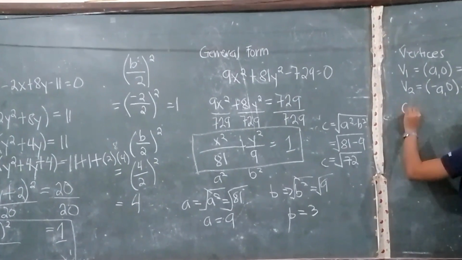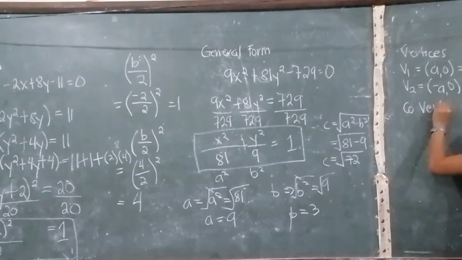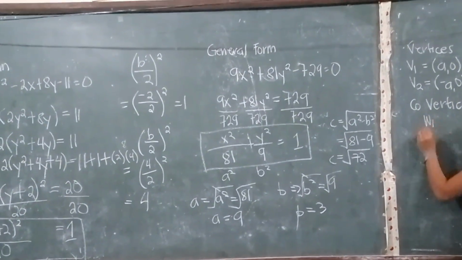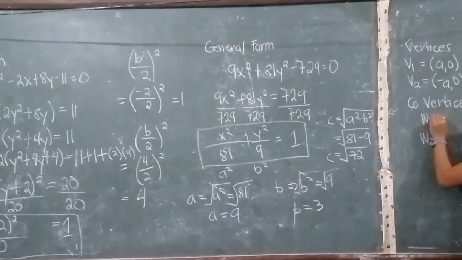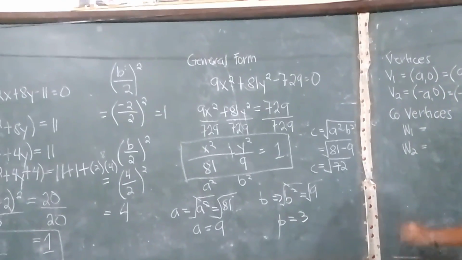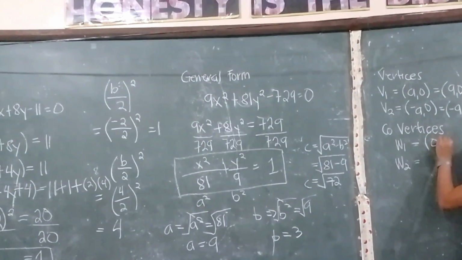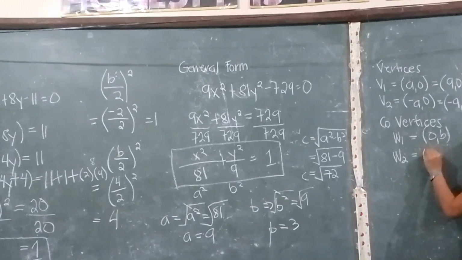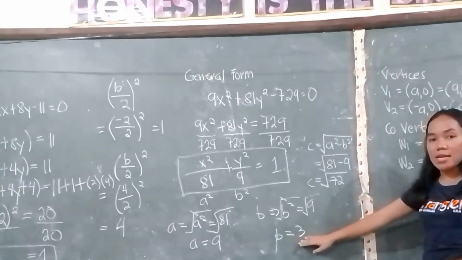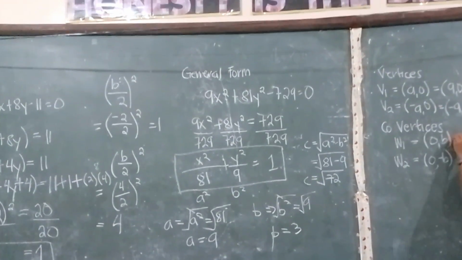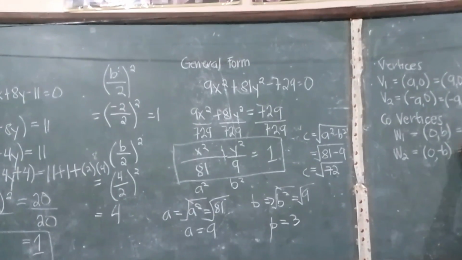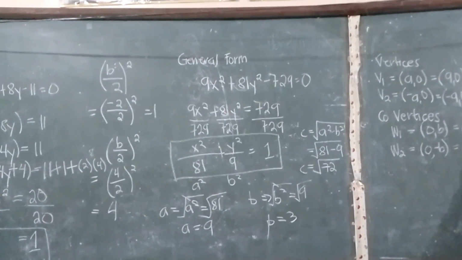For our co-vertices, we have the W sub 1 and the W sub 2. So for our co-vertices, we have 0 and B, and 0 and negative B. The value of our B is equal to 3, so our coordinates must be 0 and 3, and 0 and negative 3.